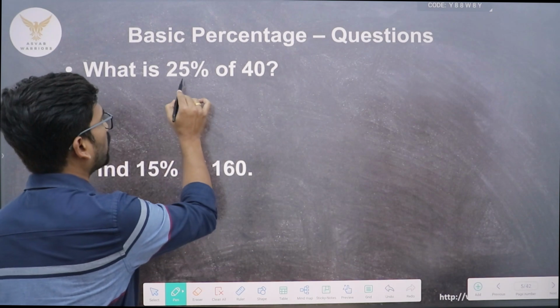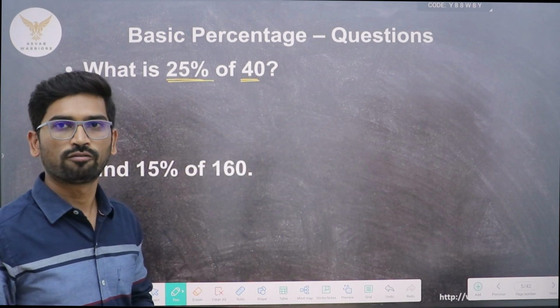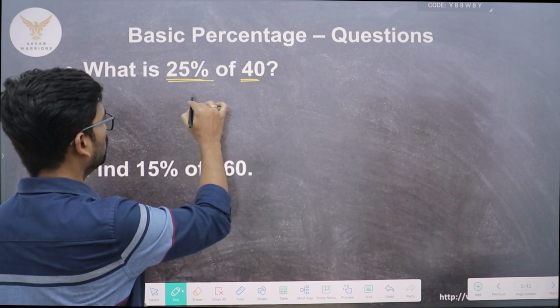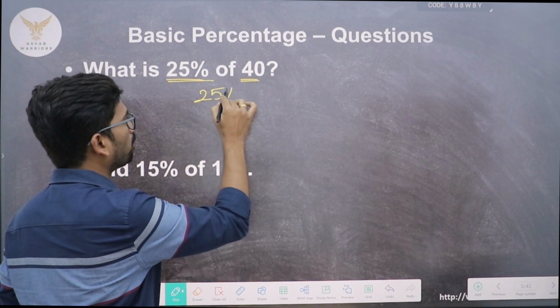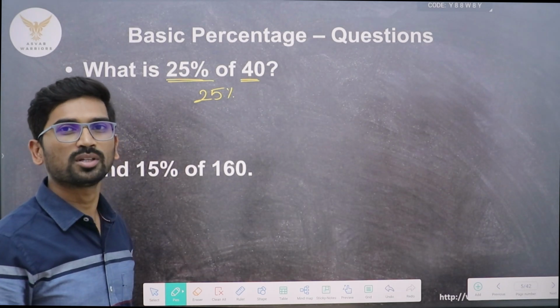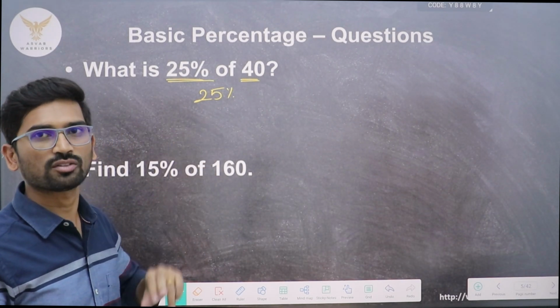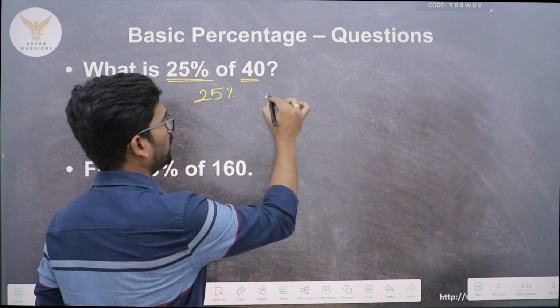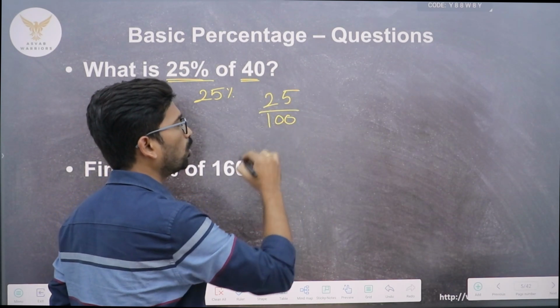Here we need to find out what is 25% of 40. So we have 25%. 25% means what? 25 out of 100. Now what will be the fraction for this? It will be 25 as the part and 100 as the whole.